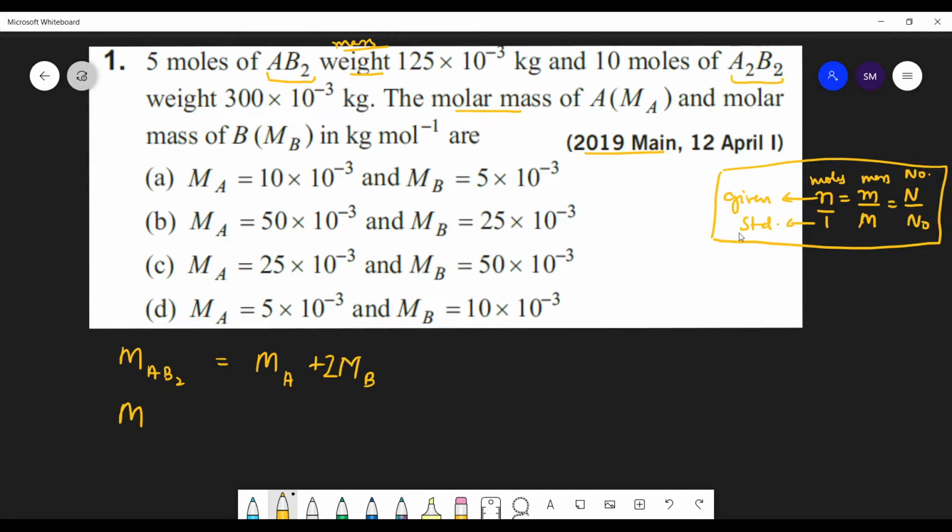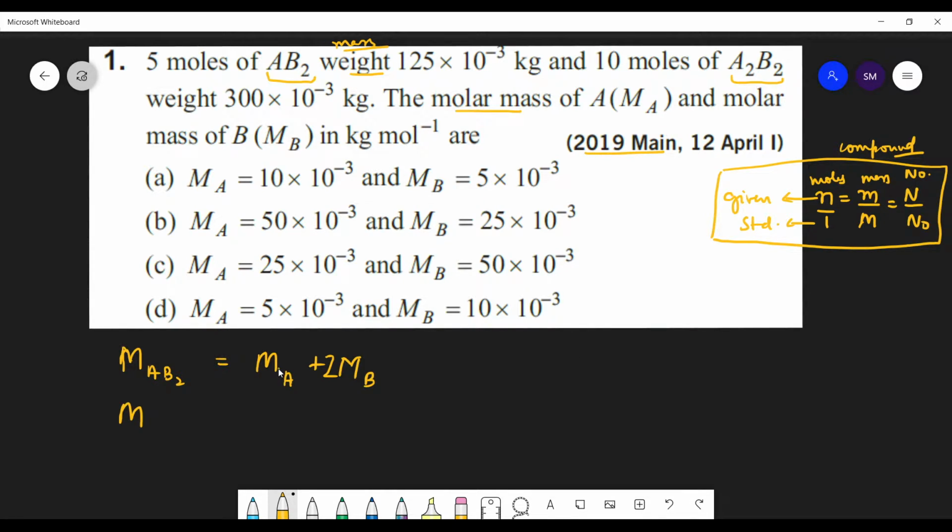So we will follow this equation. This equation is for a compound. Is this clear? Yes, sir. So here I am writing capital M. Capital M means molar mass. Okay. So you have a compound AB2.